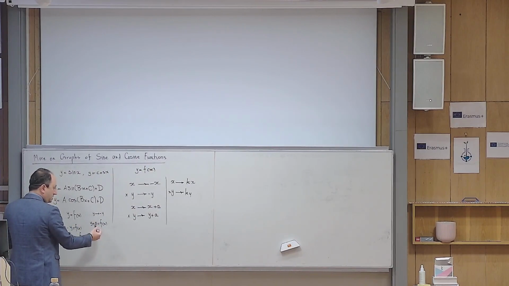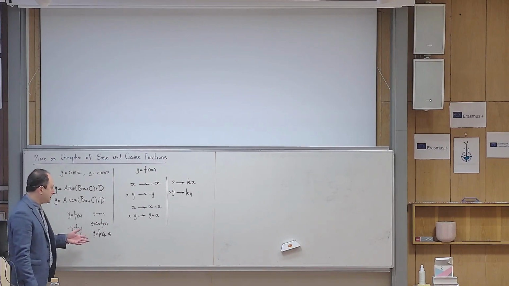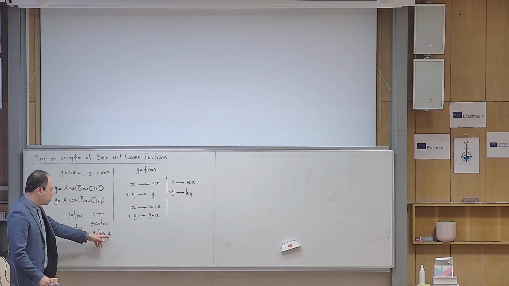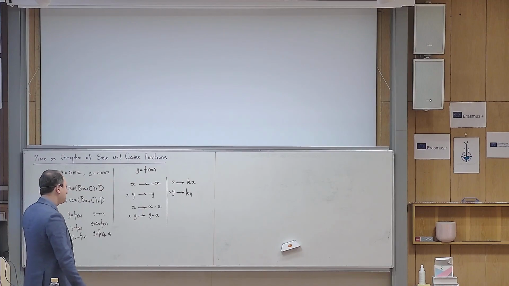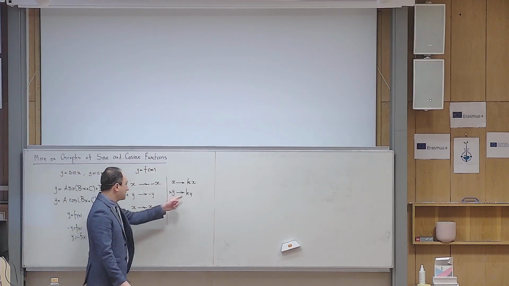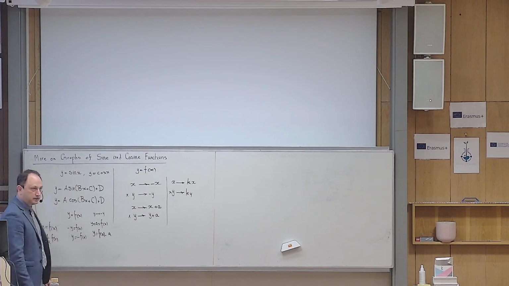So this means that I am moving this to the other side, so it becomes f of x minus a. So in principle, it means: what will be the effect of subtracting a number from a function? Something like that. Okay, but you understand what I mean. Okay, so for example, in this case, if I replace it with kx equals f of x, in principle, it means multiplying the whole function by a constant 1 over k. Okay?